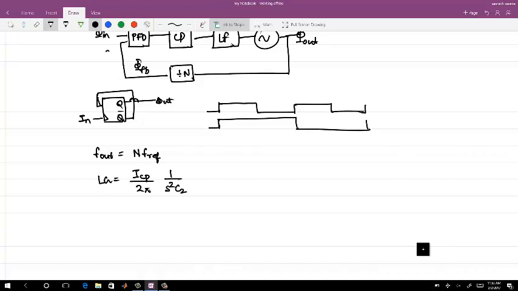The only thing that changes is the factor (1 plus S over omega z) over (S plus omega p3), with KVCO here, and the only added factor is 1 over n.